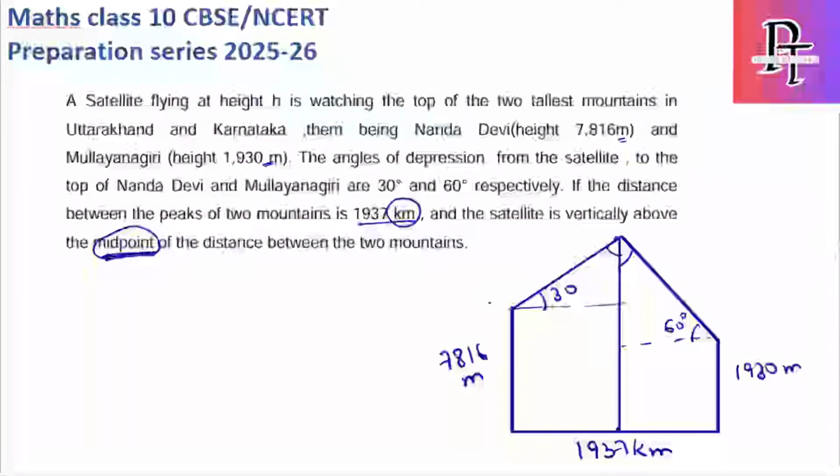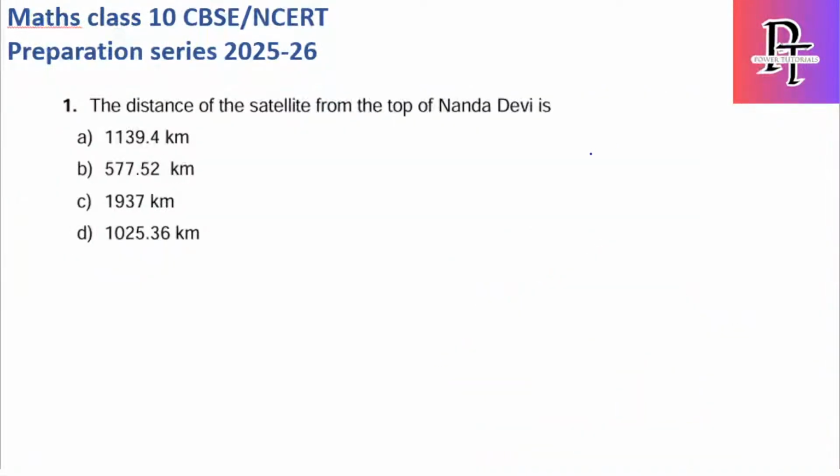I will write the mark points so that it will be easy for us. It is AB, CD, and mark it as E, and we'll mark another points, this as F and this as G. Now they are asking AE distance. So for AE, I'll mark the small triangle.